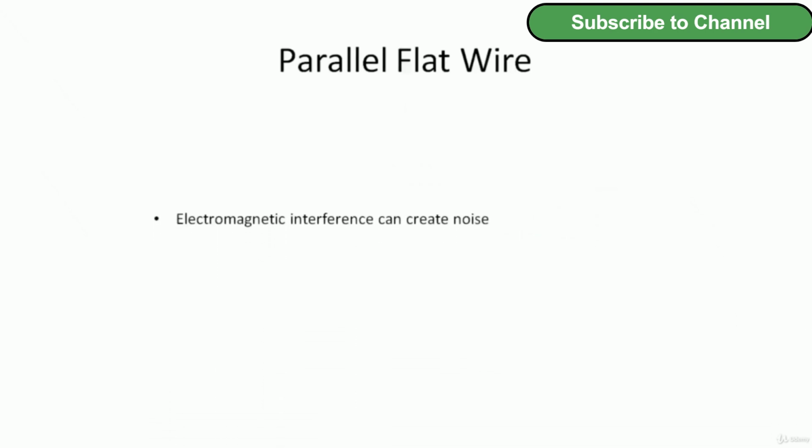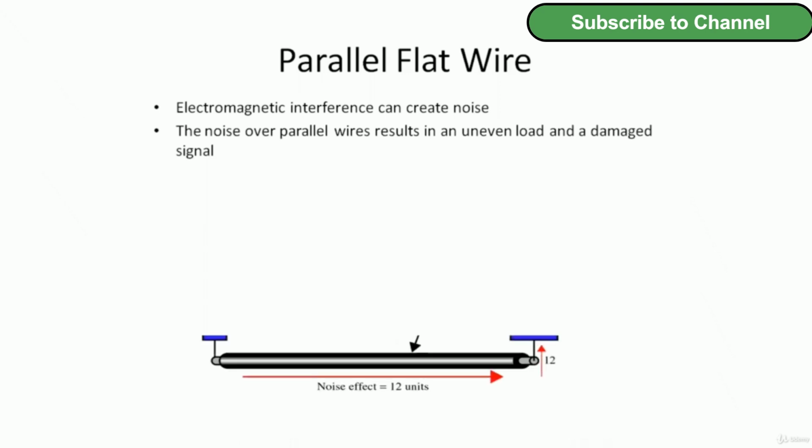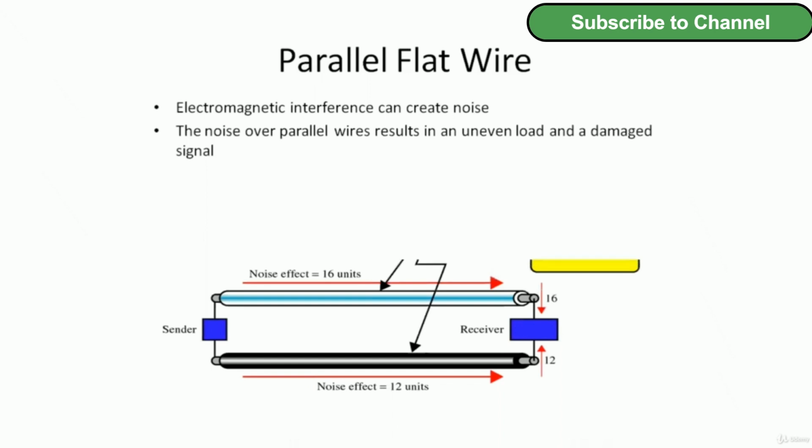Then parallel flat wire cable. As the electromagnetic interference can create the noise, the noise over parallel wires results in an uneven load and damages the signal. So you can see in this figure, it shows how this interference occurs on the parallel wire.